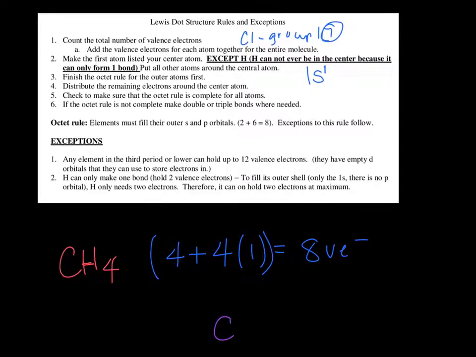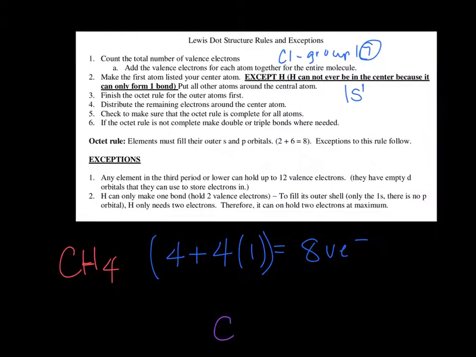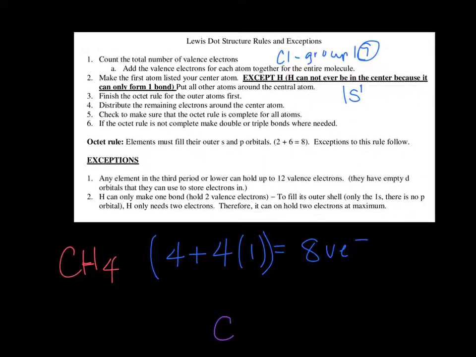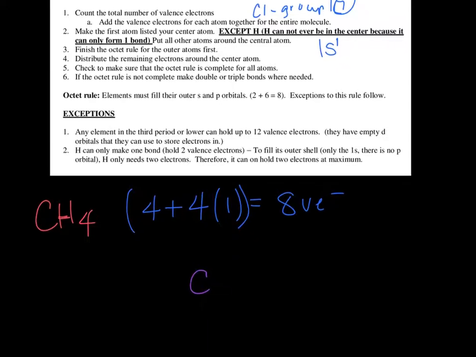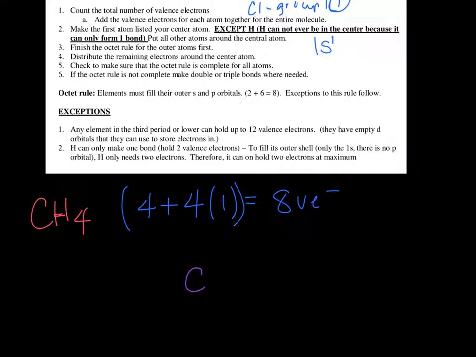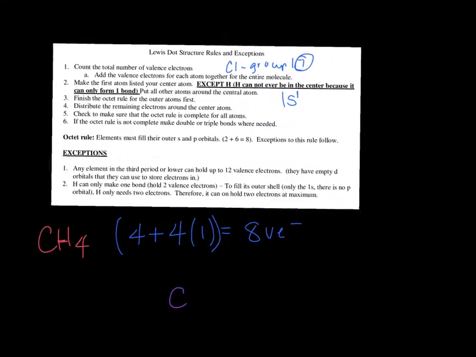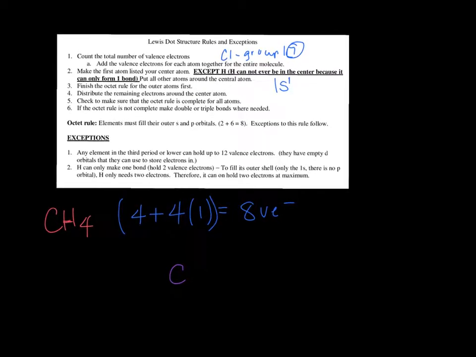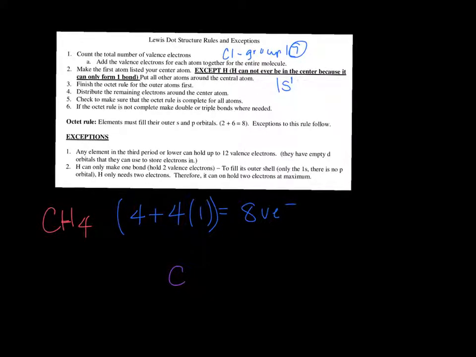So I'm going to move this up and shrink that down a little bit. All right, so we're going to bond the hydrogens to the carbon. So 1, 2, 3, 4.